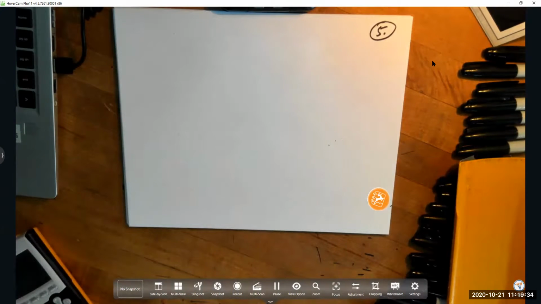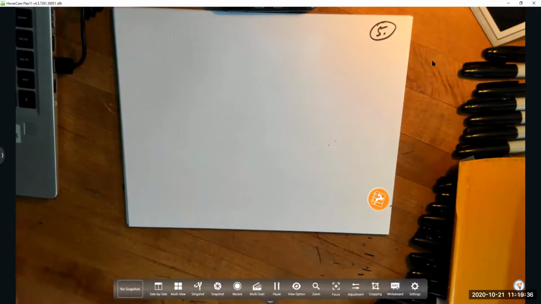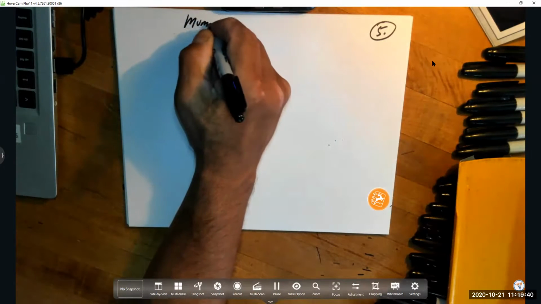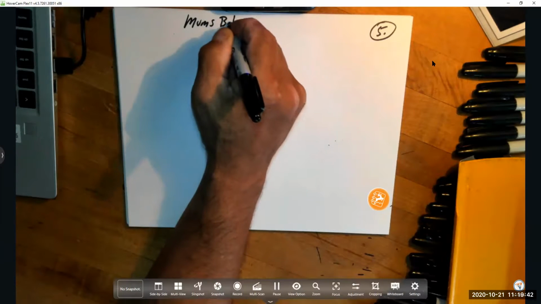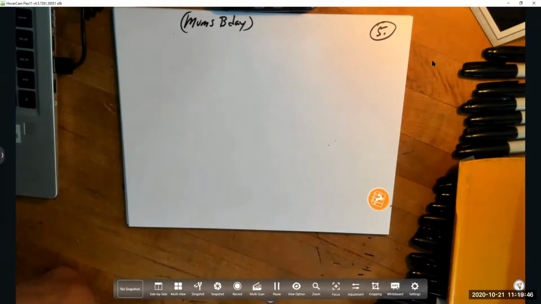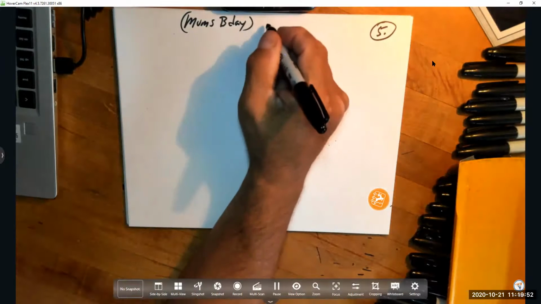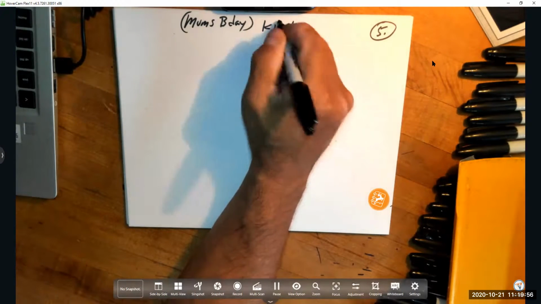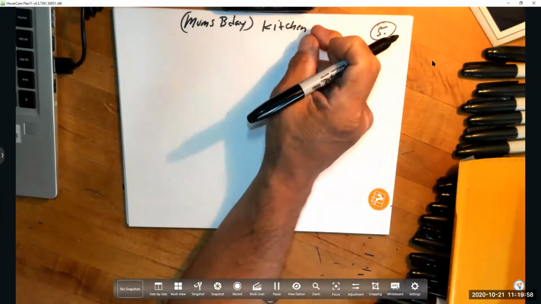All right, ready? So now I'm gonna use this problem to show you how to do this. Okay, let's say your mom's birthday is gonna be happening soon. And you ask your mom, what do you want for your birthday, mom? She says, in the kitchen, I have that little tiny clock.